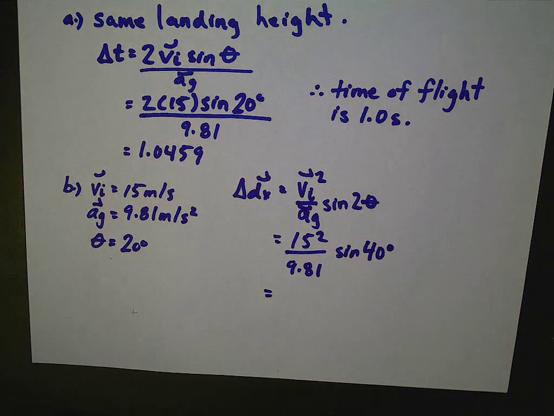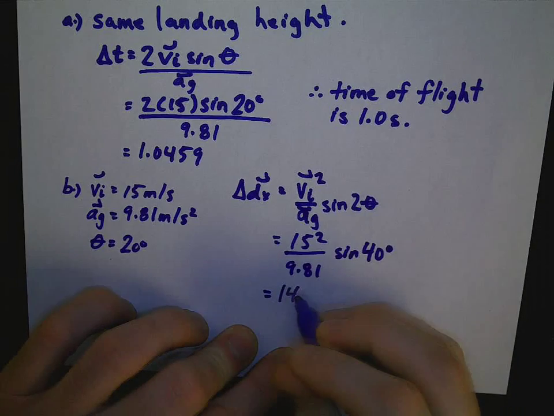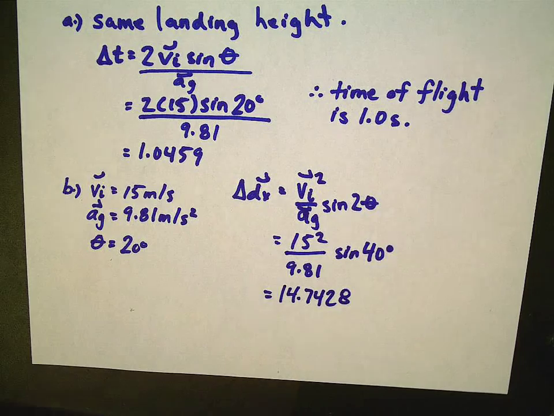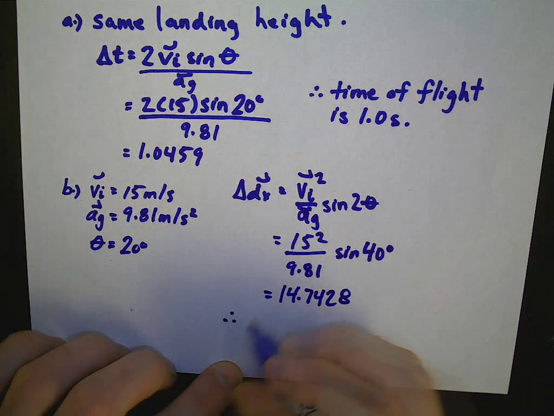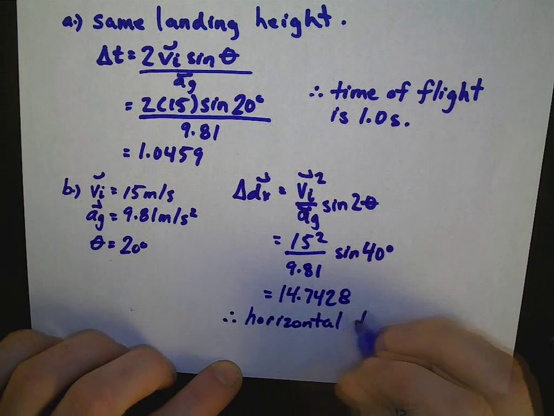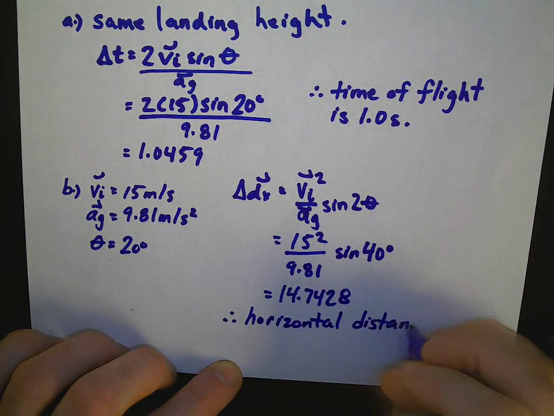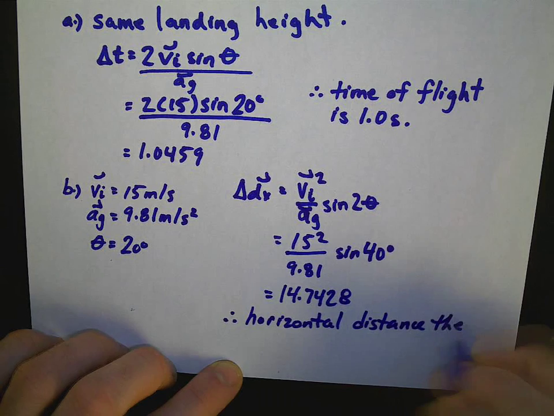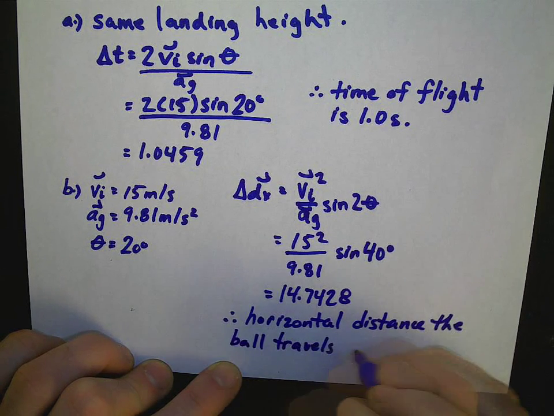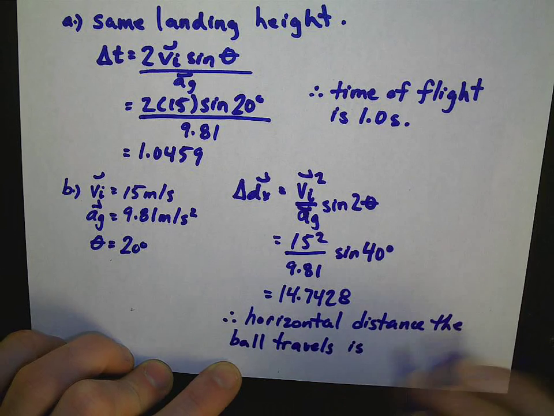So that will be 14.7428, and therefore the horizontal distance that the ball travels is 15 meters.